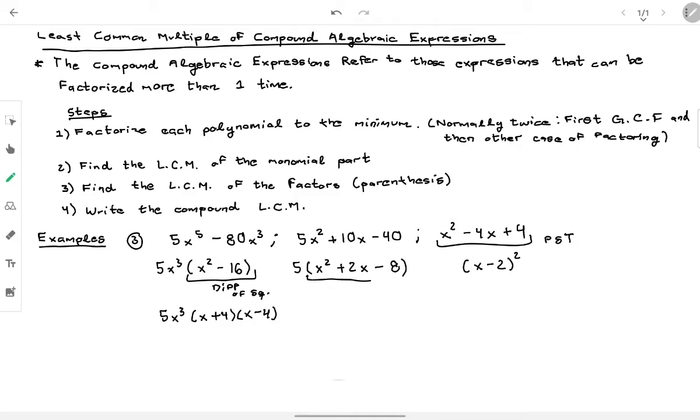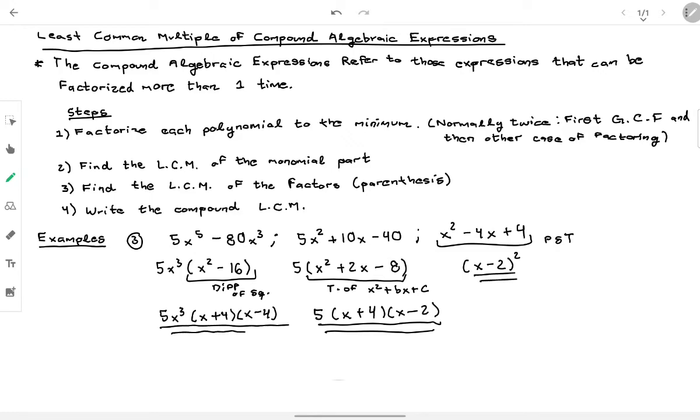This one is a trinomial of the form x squared plus bx plus c, so we can factorize it also. It's going to be x plus, x minus, two numbers that when added give 2 and when multiplied give 8. It's going to be plus 4 and minus 2. So now we have all terms factorized to the minimum.